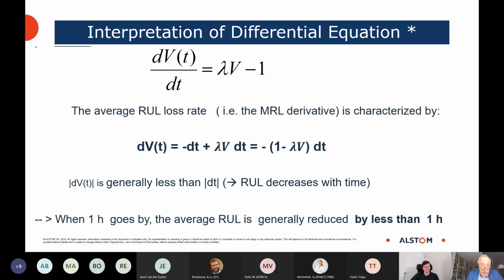The mean residual life goes down as time goes on. So what it means is that when 1 hour goes by, the average RUL loss is in general less than 1 hour. It could be 1 hour, but usually it's less. So this is a physical interpretation, so to speak, of this equation.